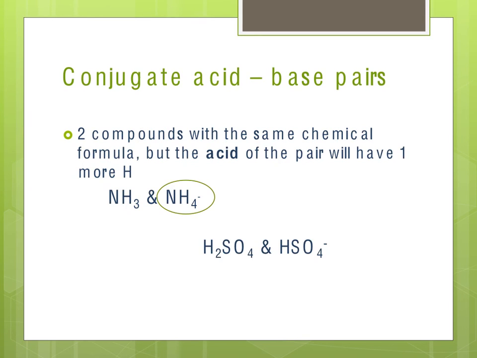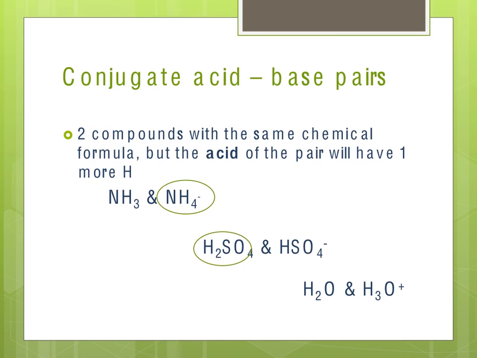So in this case, we have H2SO4, or hydrogen sulfate, and we have HSO4 minus. So one of them has one hydrogen more than the other. So which one of these is going to be the acid of this acid-base pair? It should be pretty obvious to you that the one with one extra hydrogen is the acid.